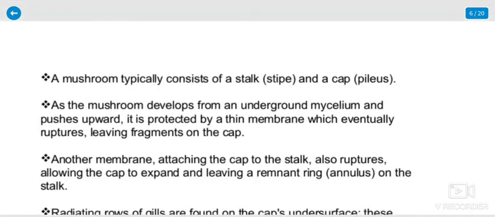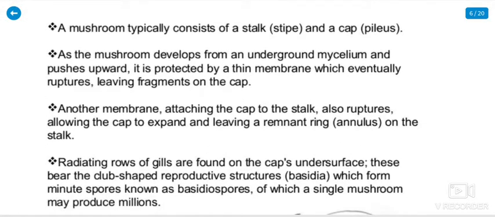Then we go into the introduction to the mushroom. A mushroom typically consists of a stalk and a cap, the pileus.